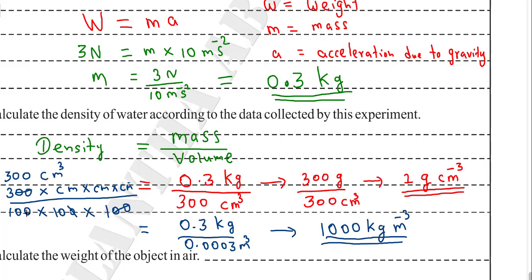Then how many? 1, 2, 3. There are 3 parts there. In that case, it becomes 0.0003 cubic meters like that.